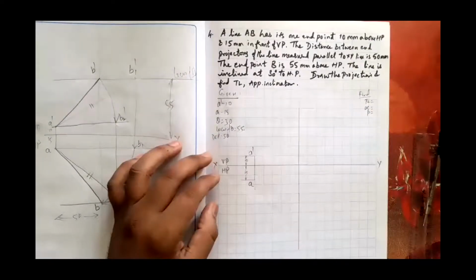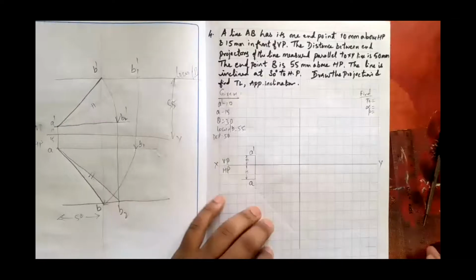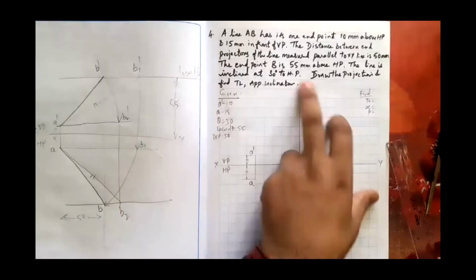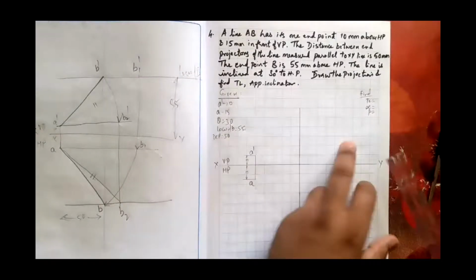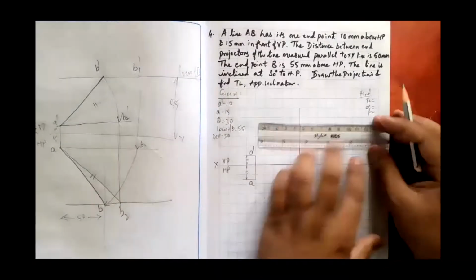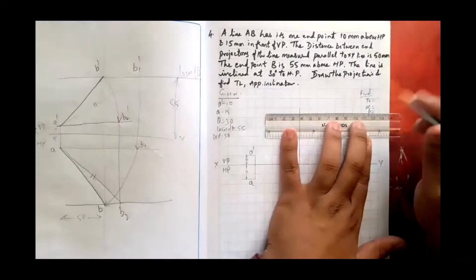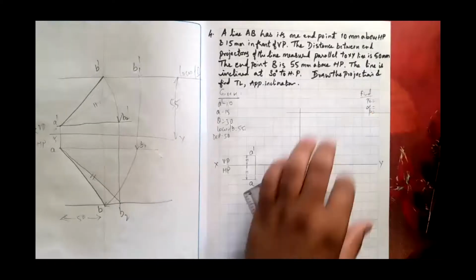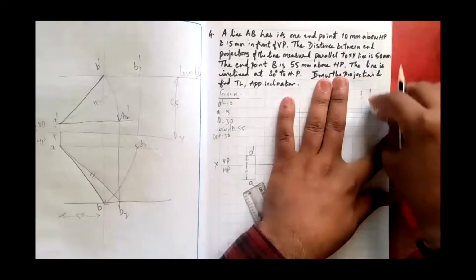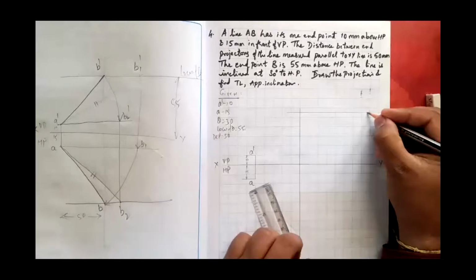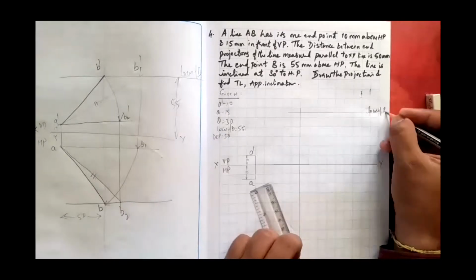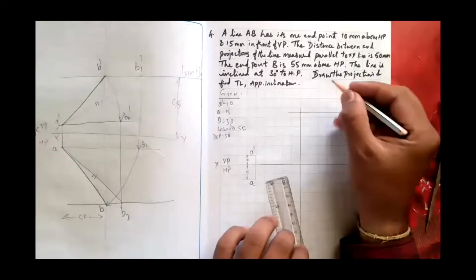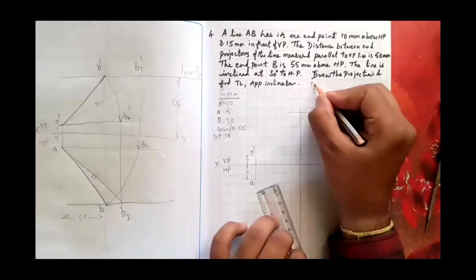See, distance between end projectors I have marked as a 50 mm line. Then 55 mm above HP. See 1, 2, 3, 4, 5, 55 is somewhere here. This 55 mm, I have drawn a line, which is nothing but the locus of B dash.